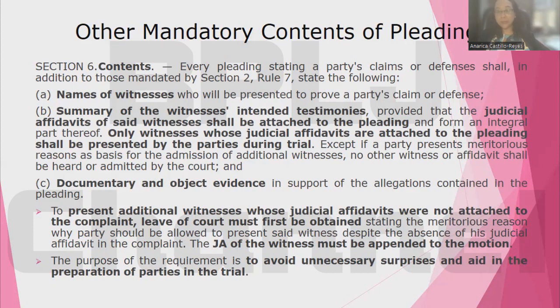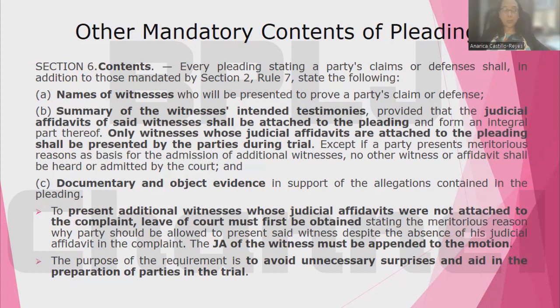Okay, if you want to present another witness whose judicial affidavit was not attached, he has to ask leave or permission from the court, and he has to present a meritorious reason. Why was it that said witness was not included among the list of witnesses stated in the pleading?